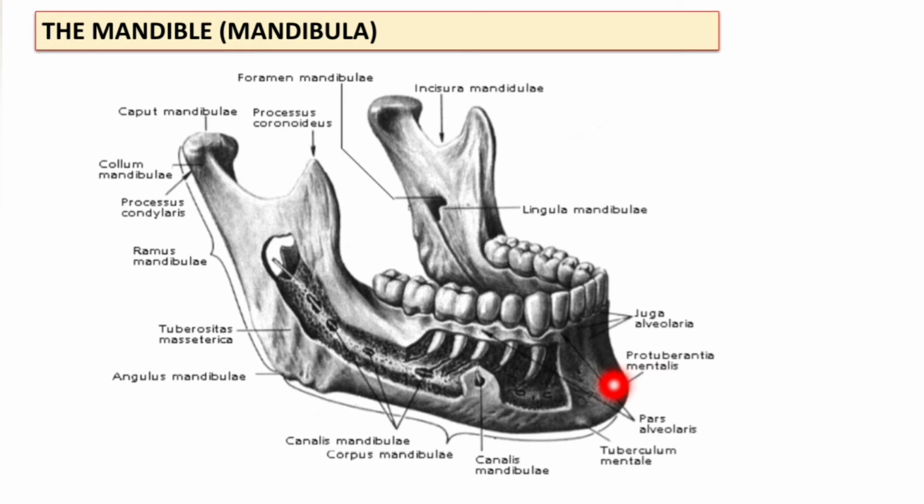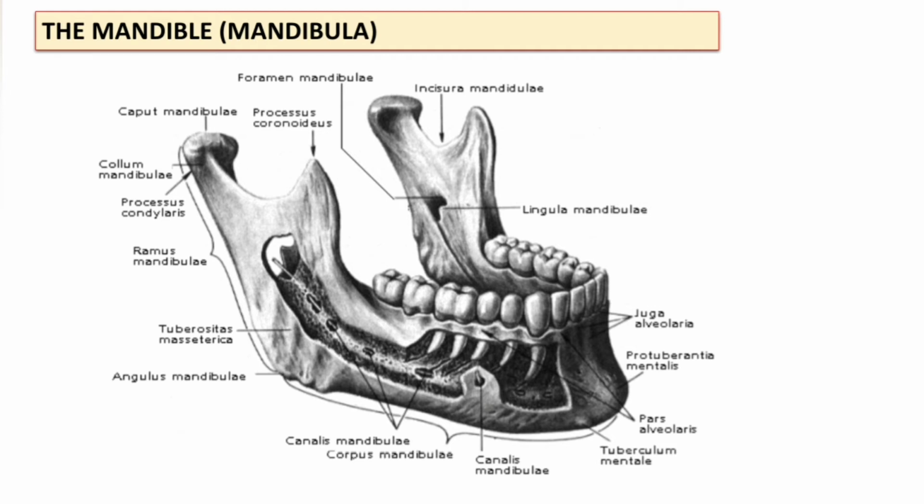And on each side, there is a mental tubercle, tuberculum mentale. Here is one, tuberculum mentale. And from this going back, there is a line called what? Oblique line, linea obliqua.